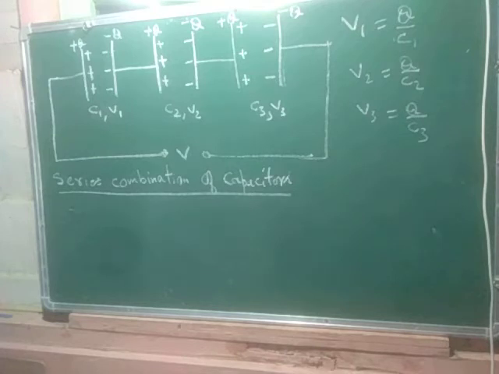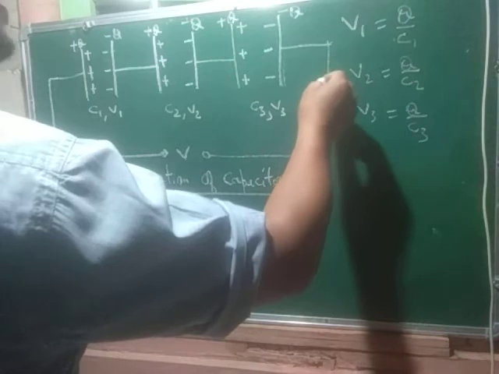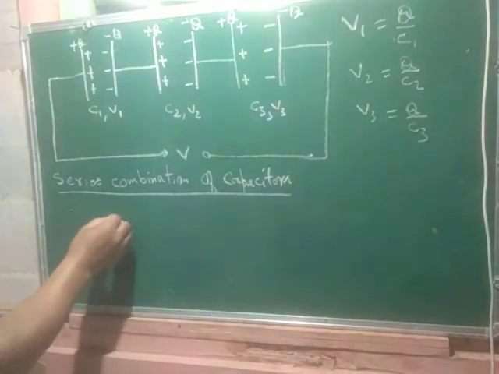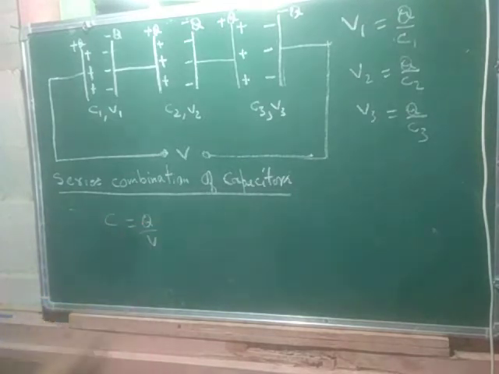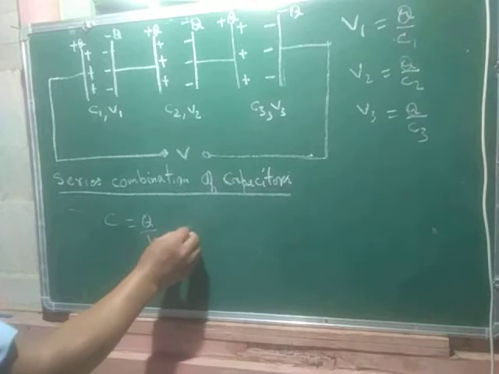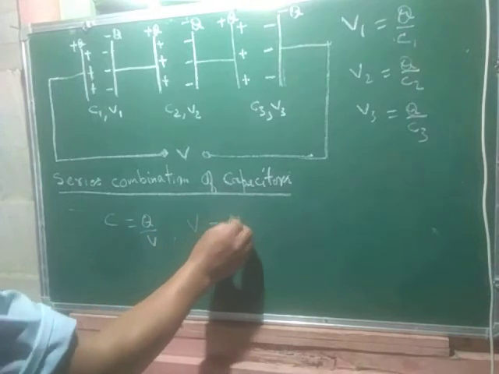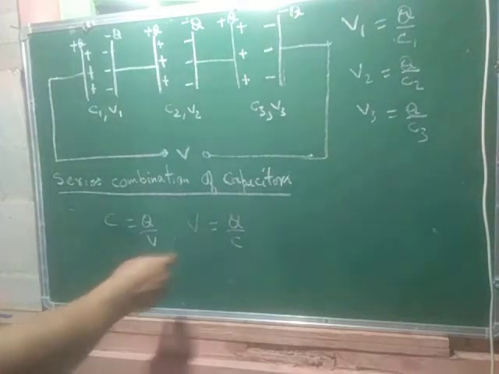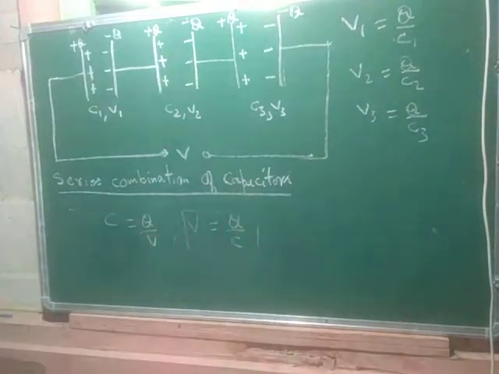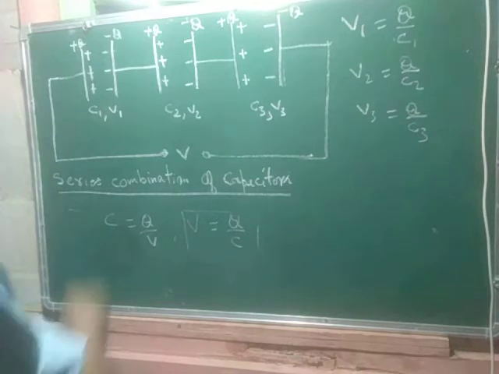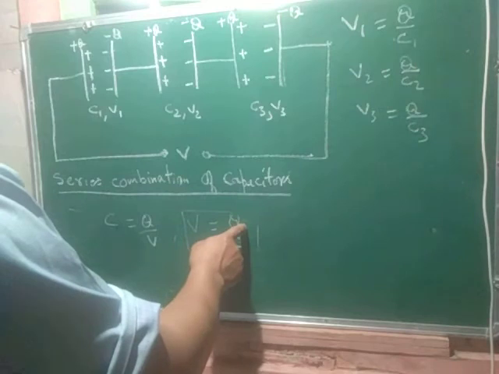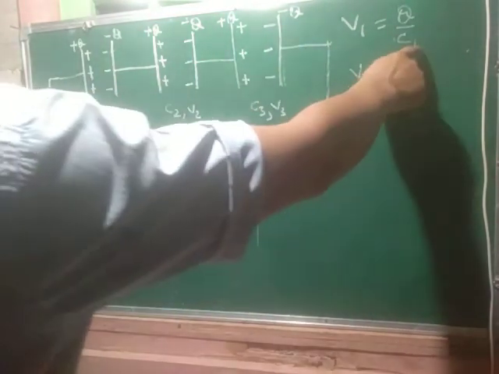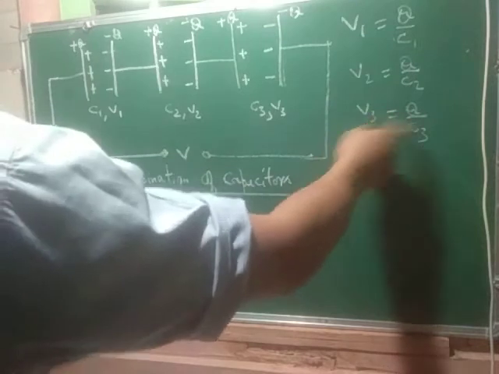Now the potential difference across different capacitors can be obtained using the equation of capacitance, C equals Q upon V. Finding V from here, we get V equals Q upon C. This is the formula for the potential difference of a capacitor. Using it, the potential difference of the first capacitor, V1, is Q by C1, V2 is Q by C2, and V3 is Q by C3.